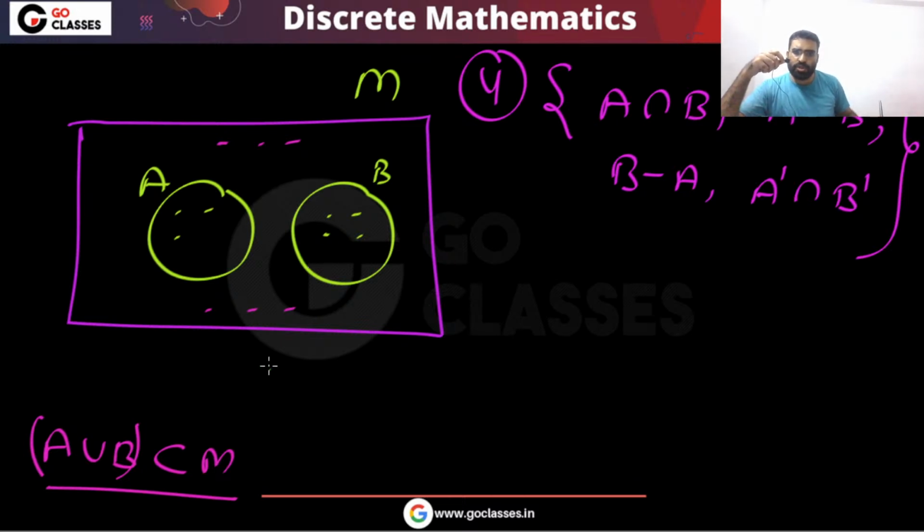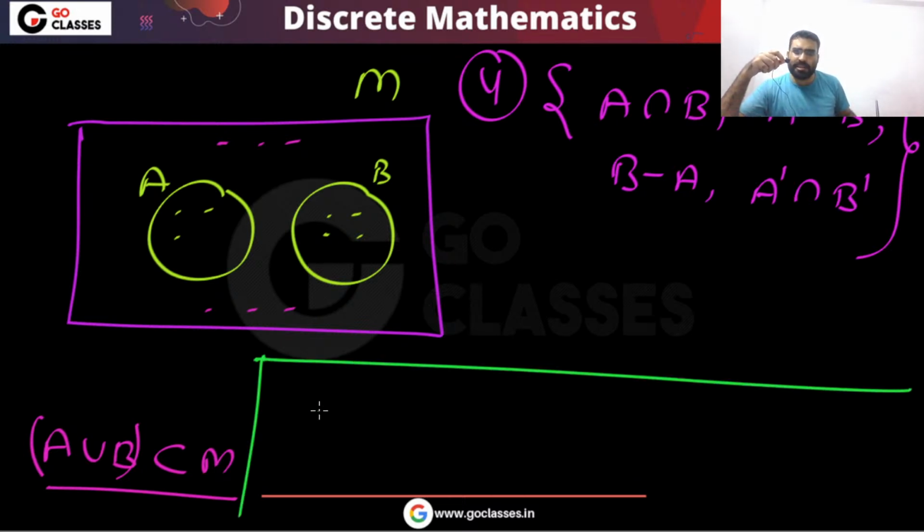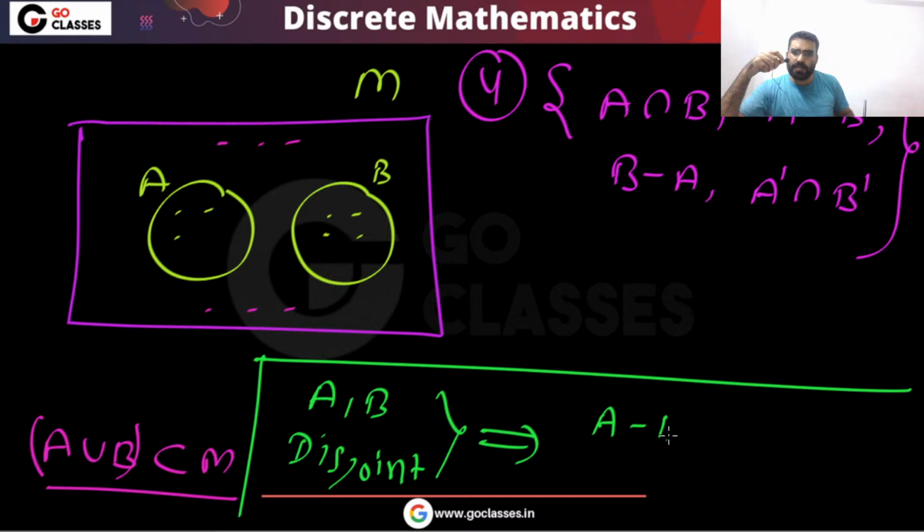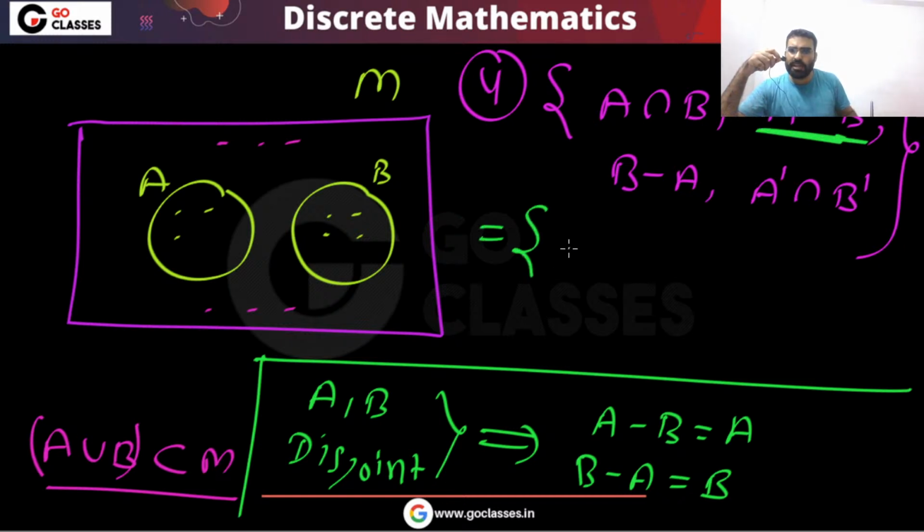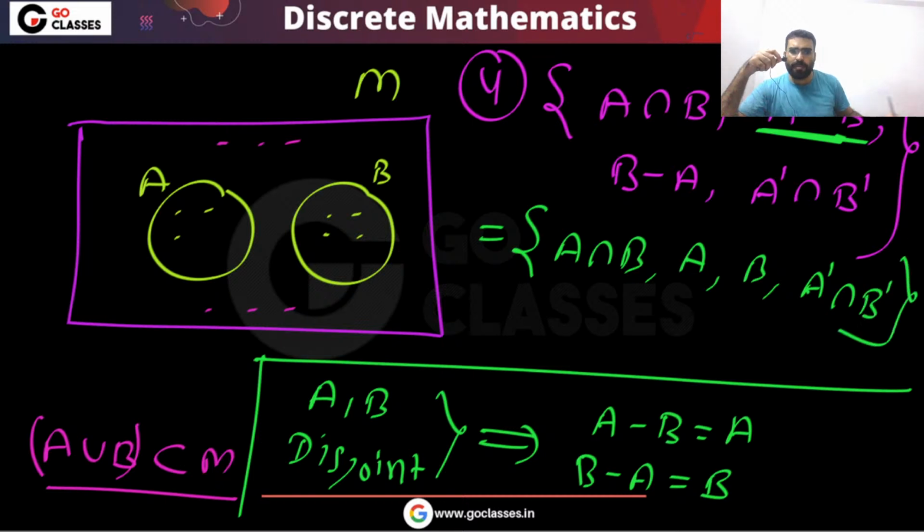Because A comma B are disjoint, A minus B is equal to A, and B minus A is equal to B. So we have A intersection B, A, B, and A complement intersection B complement.